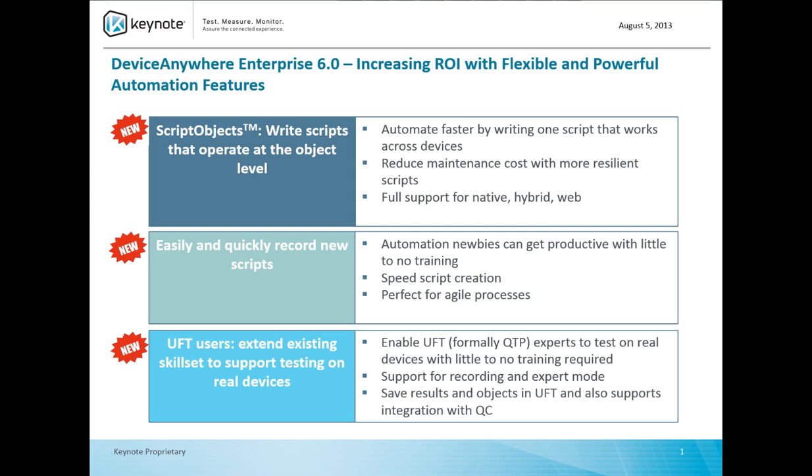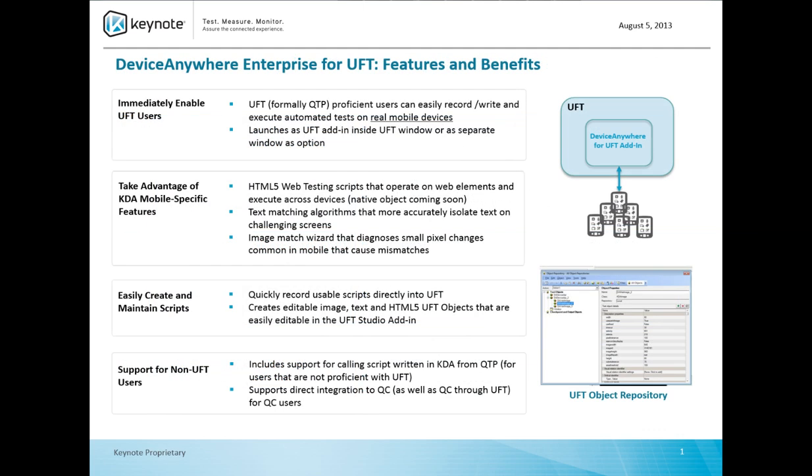In addition, if you're a more advanced user, you can utilize our complete Java API to write scripts for real devices and integrate with external data sources and third-party applications. Lastly, DeviceAnywhere Enterprise Automation has integration modules for traditional test automation tools, such as HP Unified Functional Testing, HP ALM, and IBM's Rational Quality Manager.